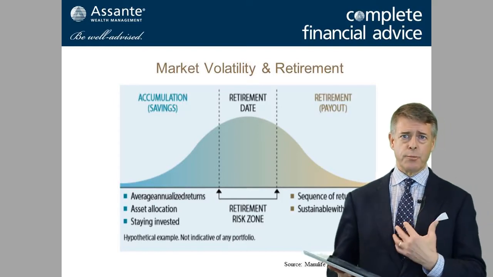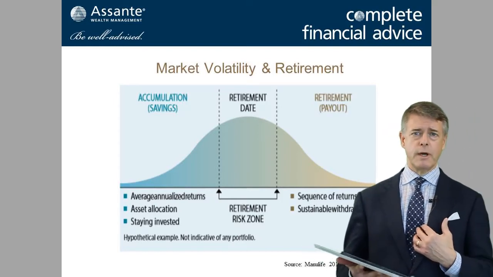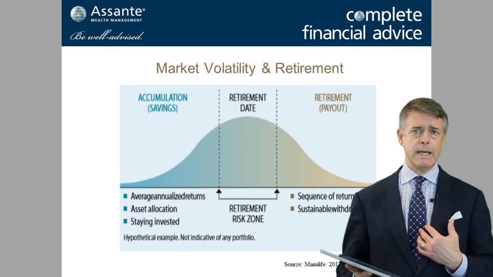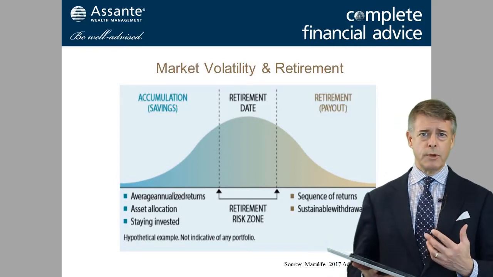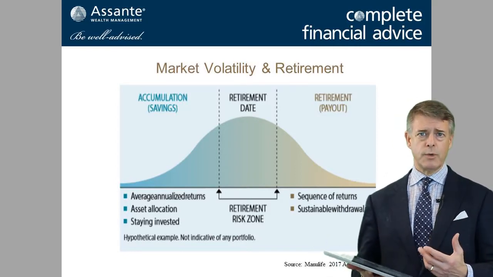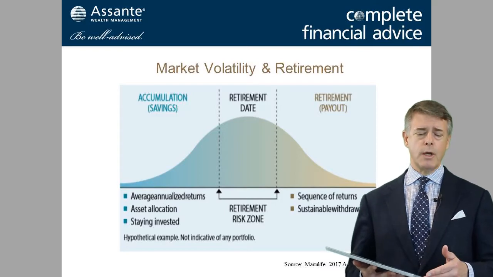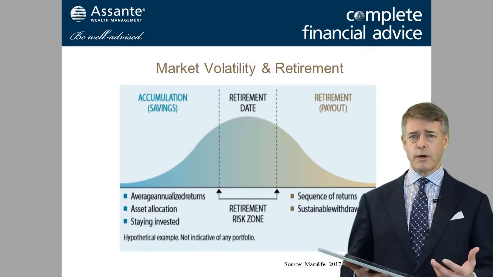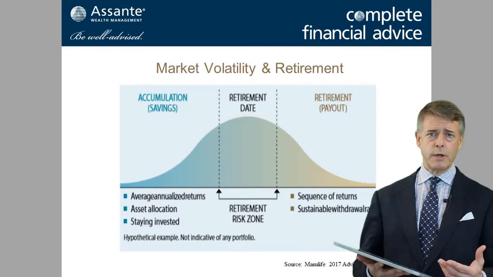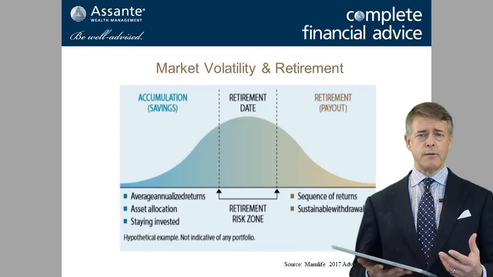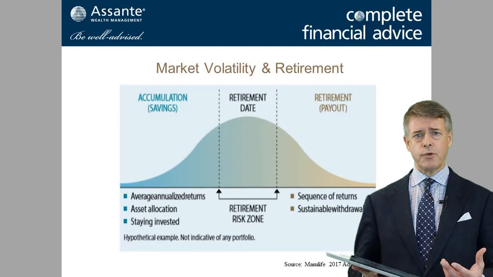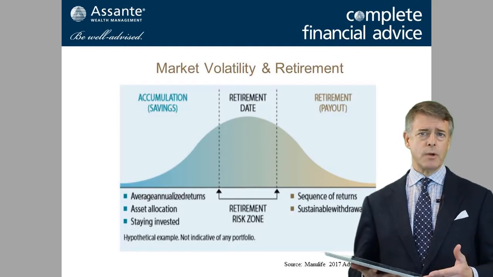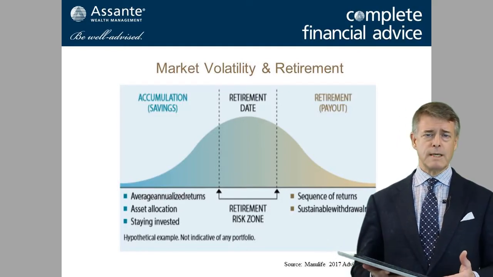I know as a practitioner working with literally hundreds of families in retirement income planning, most of the work that we do is with retirees as we give them guidance on their portfolios, what the sustainable draw rate is, and how their portfolio needs to be structured so they're not taking on too much risk but getting sufficient return. At the time that this video is being produced, we continue to be at some of the lowest interest rates that we've seen in decades.